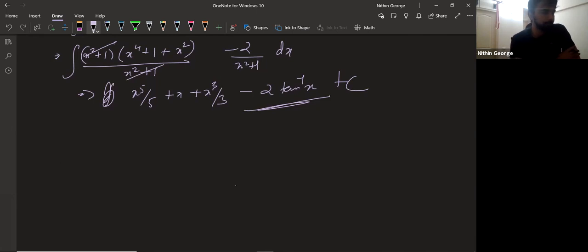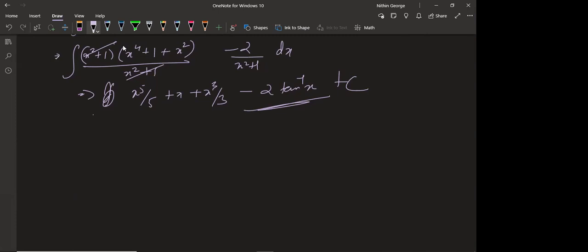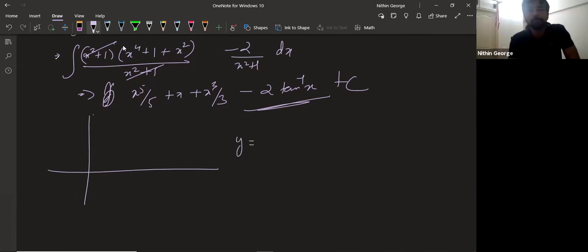Okay. So we know basic integration now, right? Yes, sir. Okay. So when I say y equal to x, and then I say integral of x dx comes out to x square by 2 plus c.